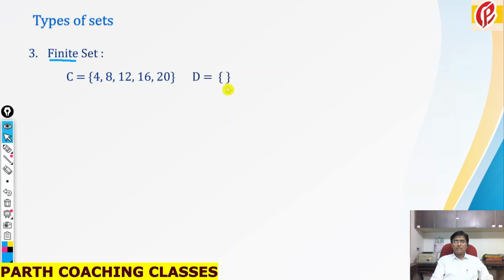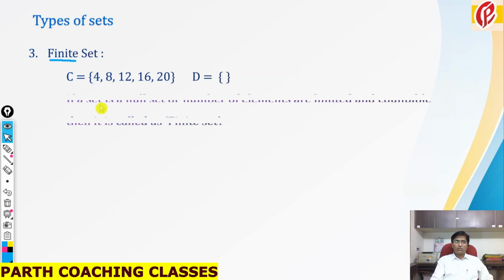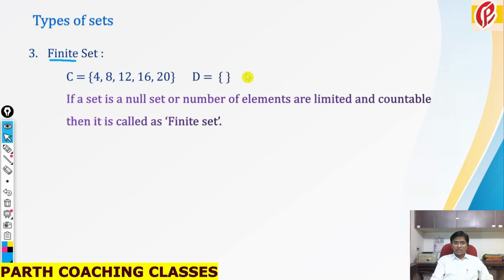Yes, it is an empty set or null set because it doesn't contain any element. So this is also a finite set. So finite set means what? If a set is a null set or empty set, or the number of elements is limited and countable, then it is called a finite set.